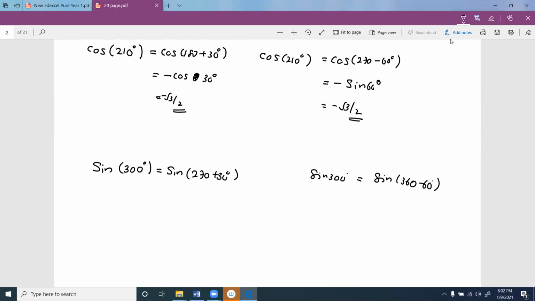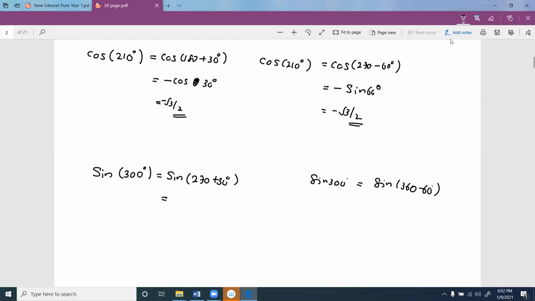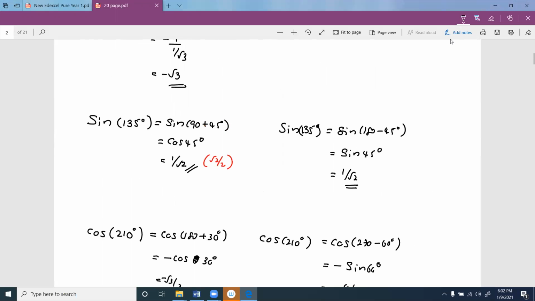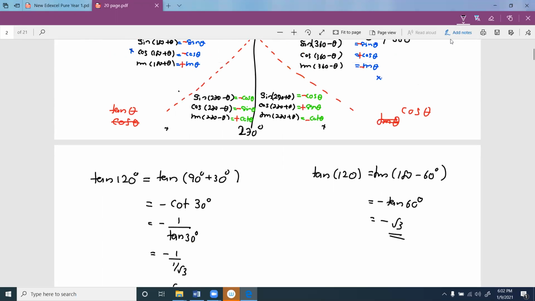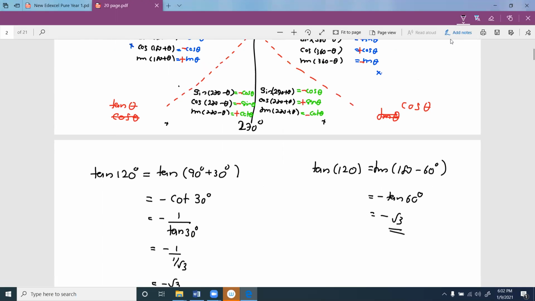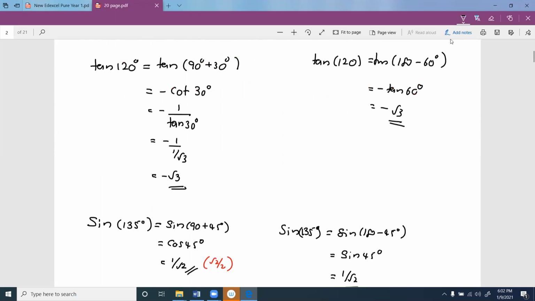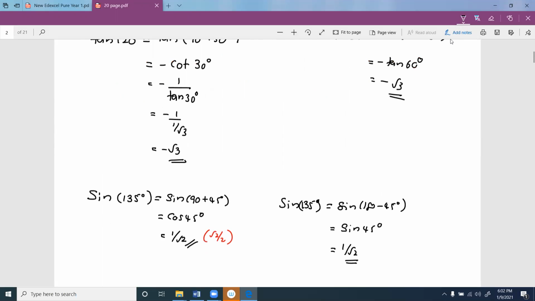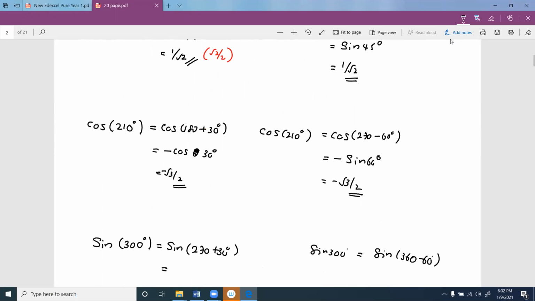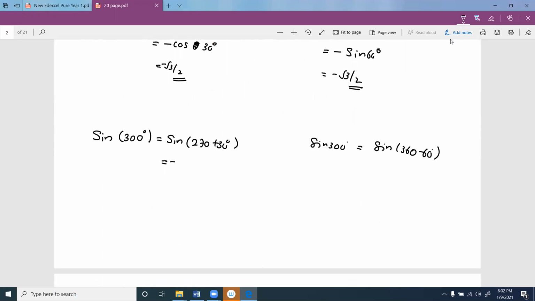Writing it as sine 270 plus 30, that is sine 270 plus theta, and 270 plus theta gives minus cos theta. That is minus cos 30. Cos 30 is root 3 over 2. So if you use the calculator, you get the same answer.